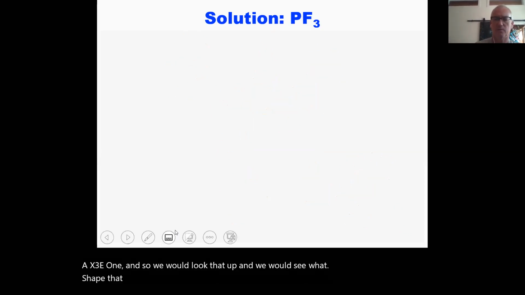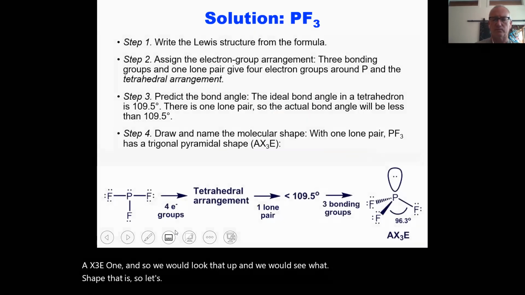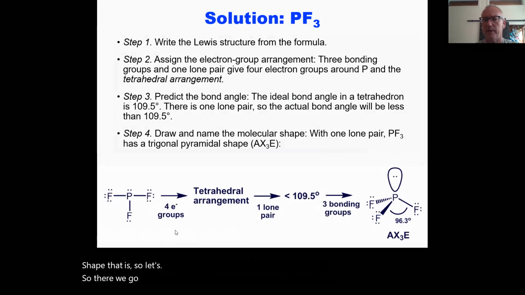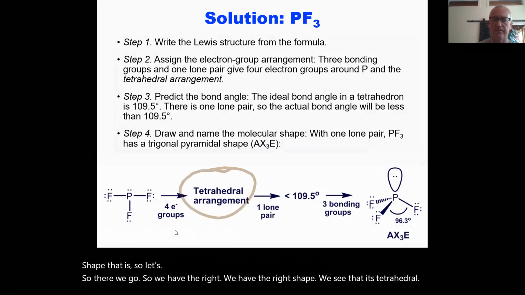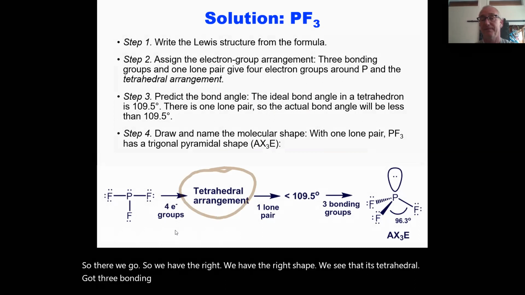So there we go. We have the right shape. We see that it's tetrahedral. Got 3 bonding groups. And what I did forget to do was see if you could predict what the bonding was.